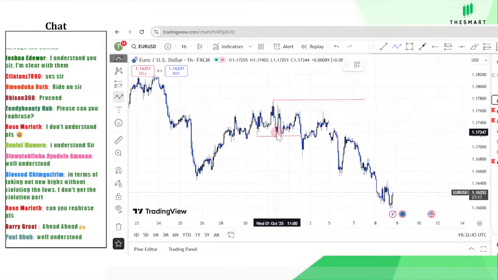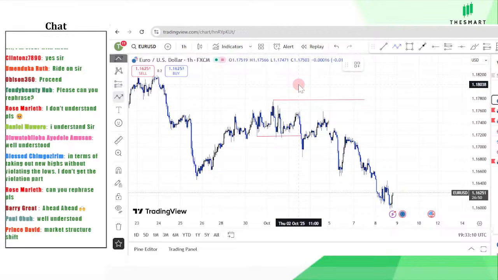The market pulled down, retraced up before taking it out. So once price takes out the low you were expecting it not to, that's what we call a violation. Now, if this price continues to the upside, then it's an uptrend. The market is still in its right structure.